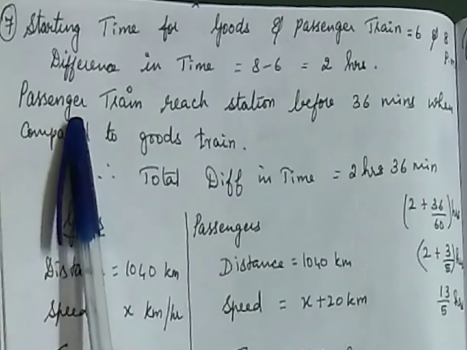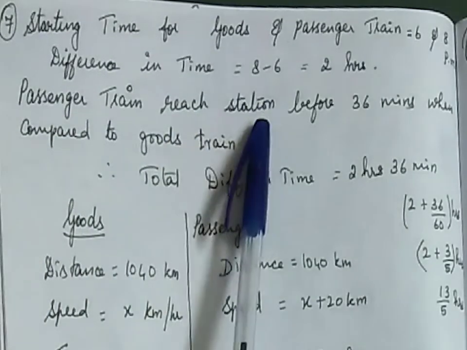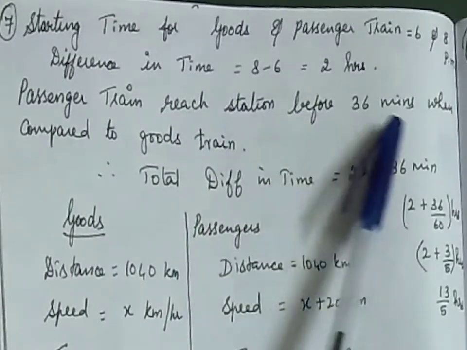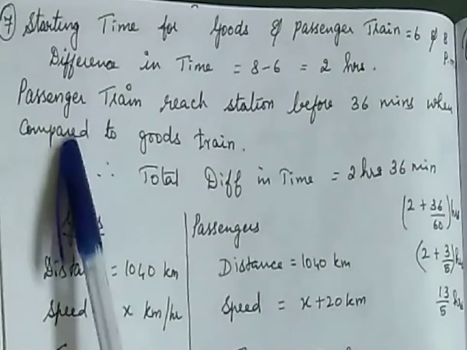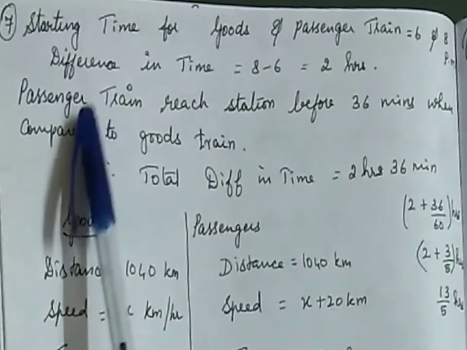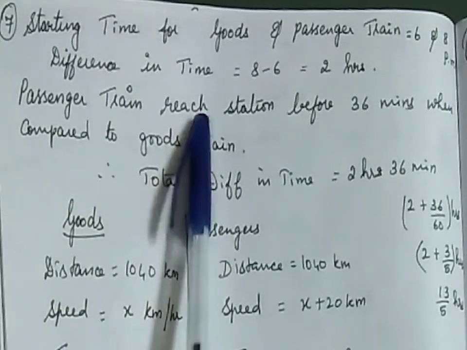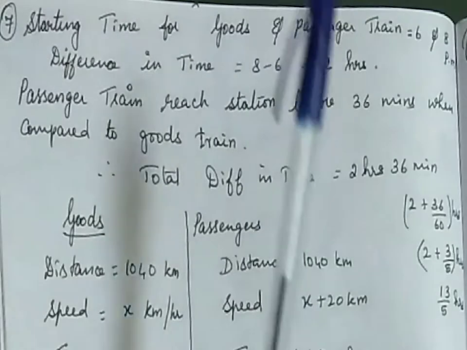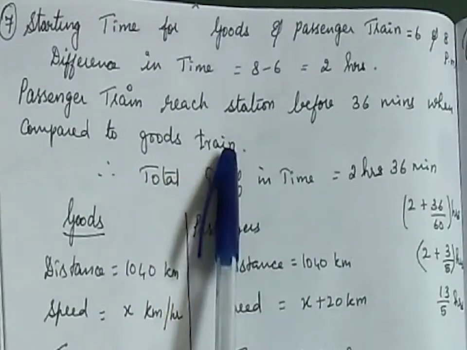Next, the passenger train reached the station 36 minutes before the goods train.